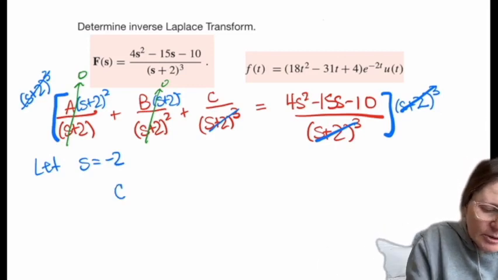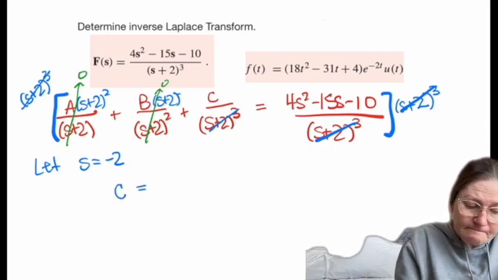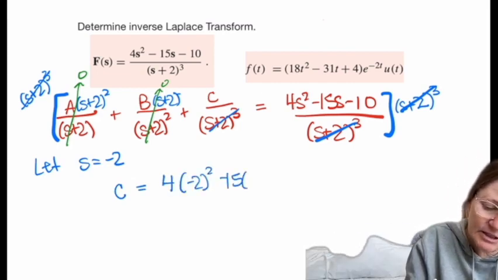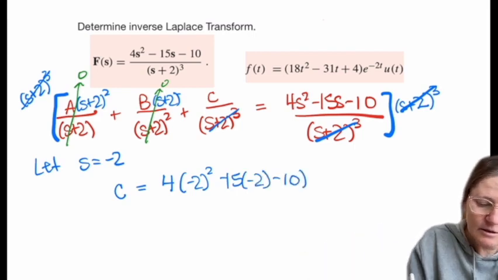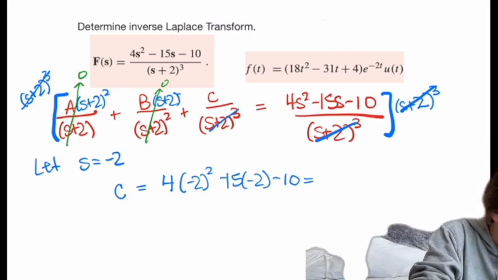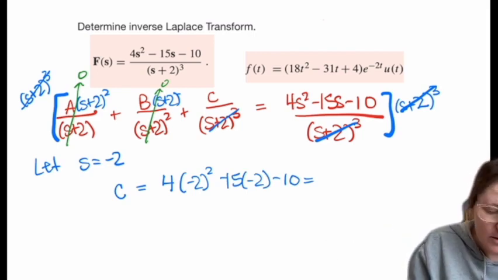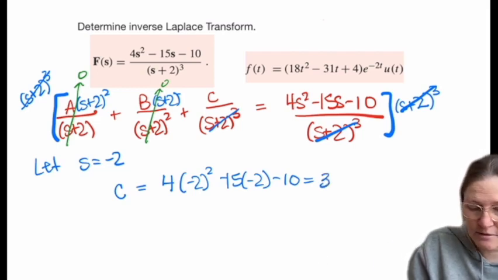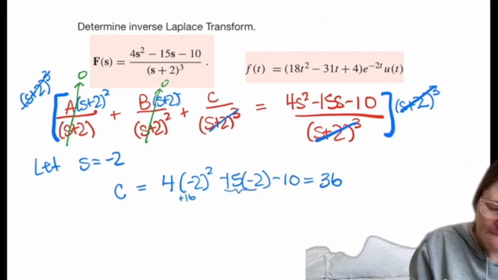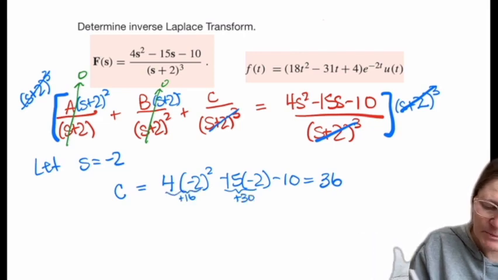So c here will be 4 times minus 2 squared, minus 15 times minus 2, minus 10. That gives me a value of 16 plus 30 minus 10, yeah, 36.